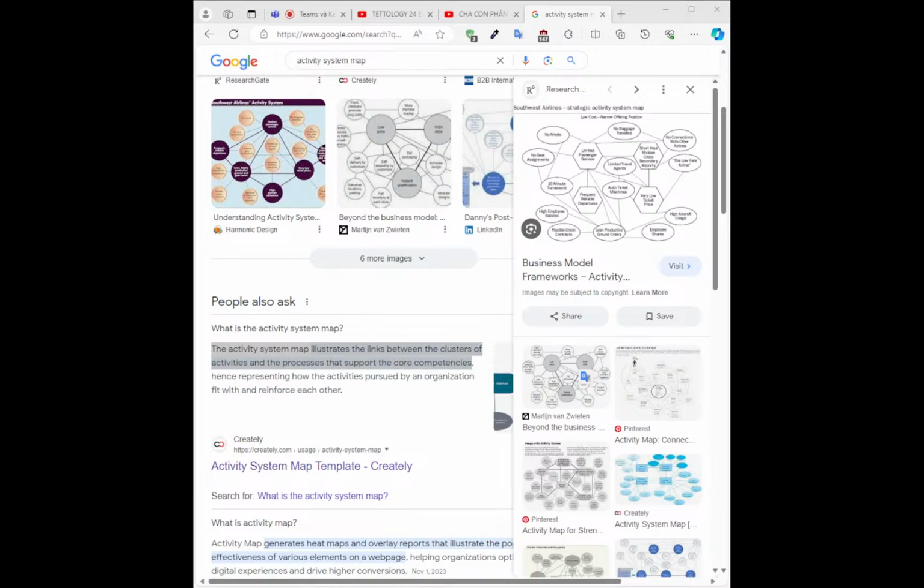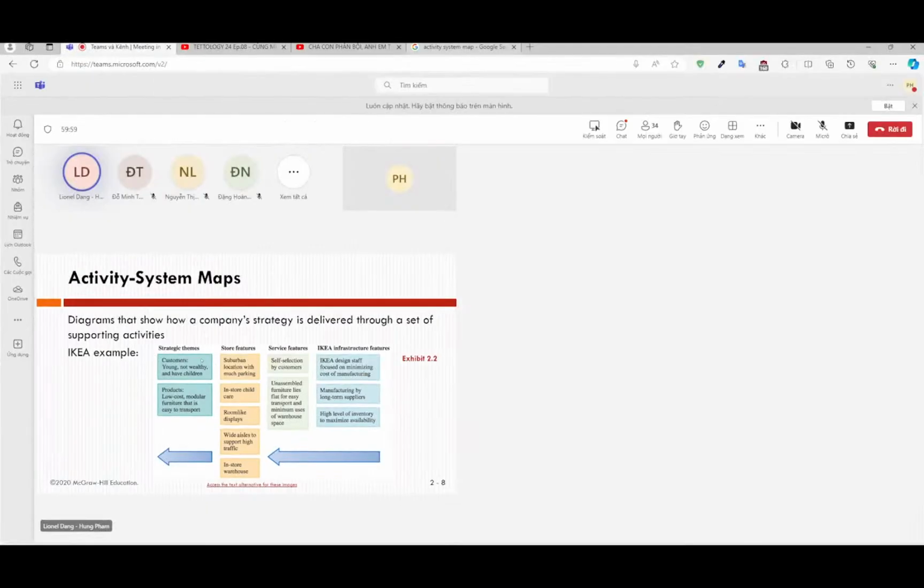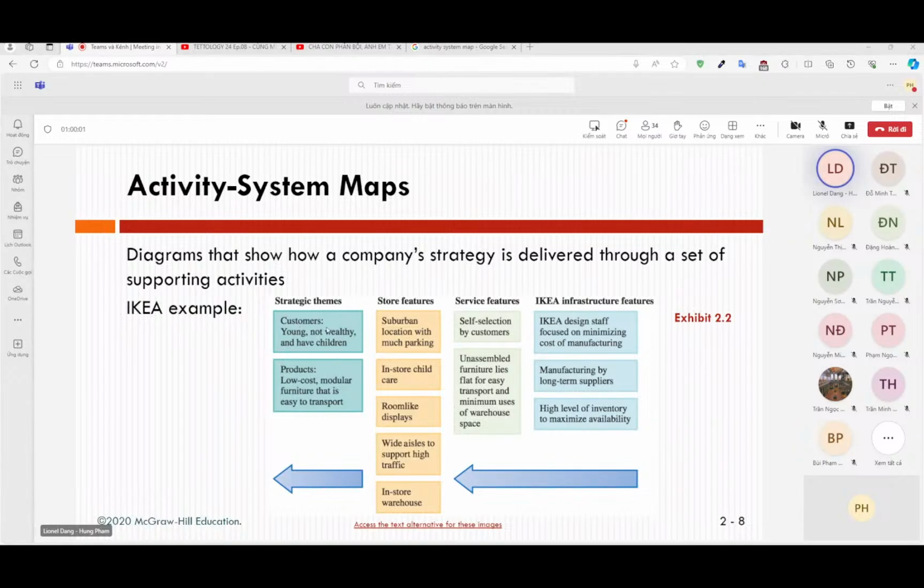So the order winner of IKEA is this part: product, low cost, modular furniture that is easy to transport. Basically, they build this kind of product because they think of their customer segment. Their customers are people who are young, not wealthy, and have children. That's why they build this kind of product to fit the customer segment here.